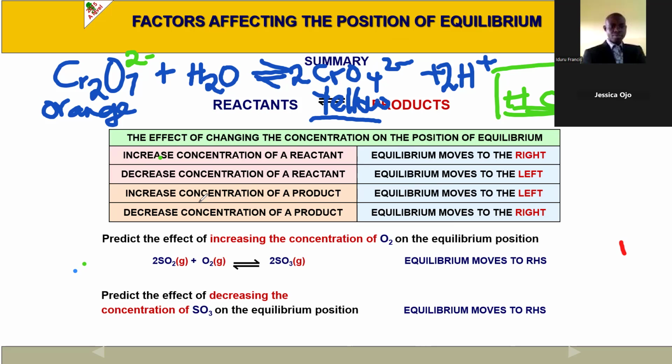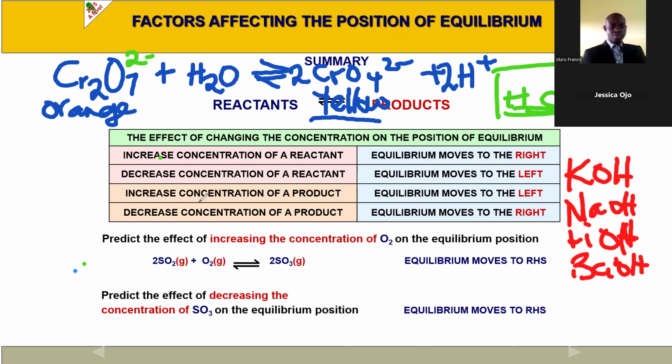KOH. Good. So your KOH or NaOH or LiOH or BOH, where B is a metal, is an alkali. These are alkalis. They are soluble bases.